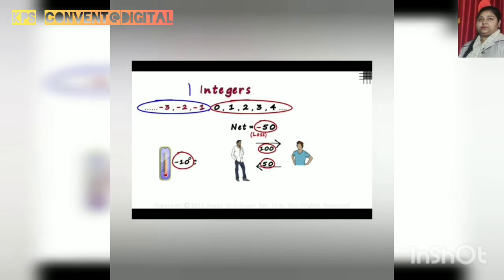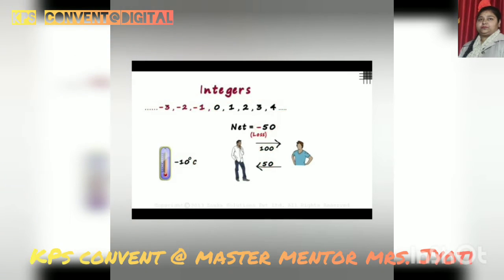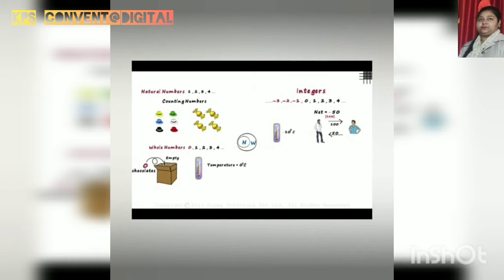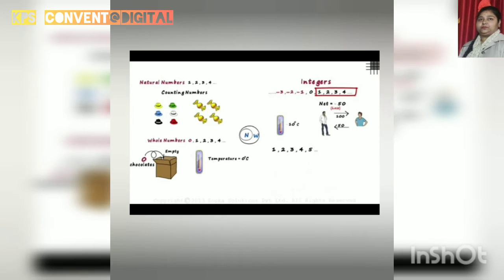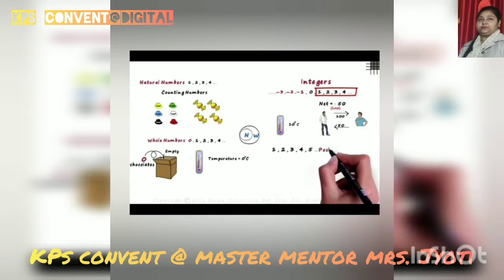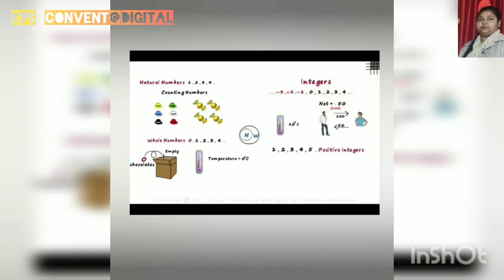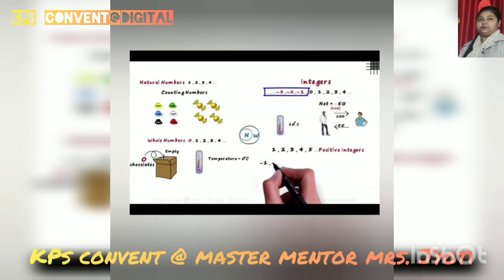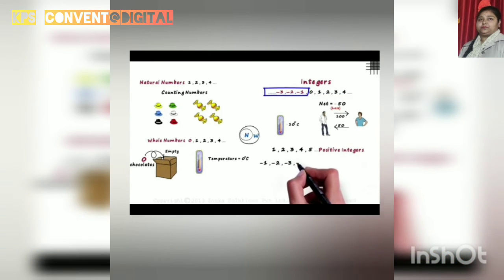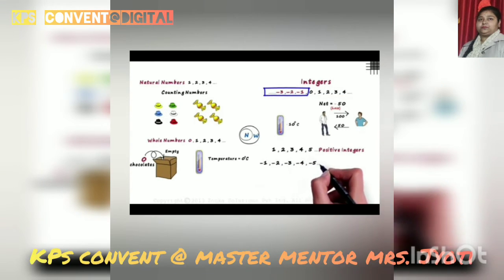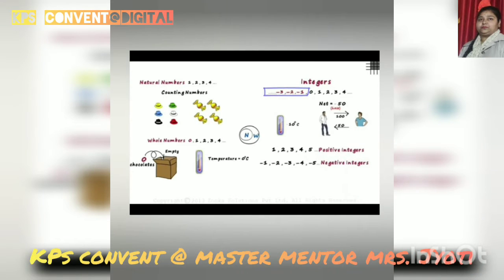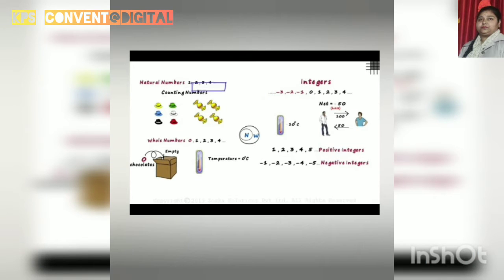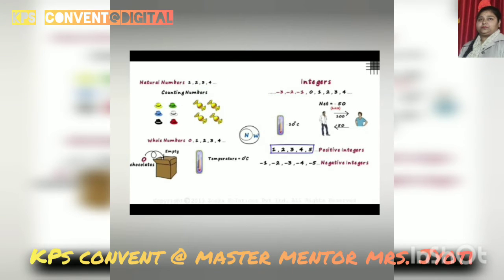Now these numbers are integers. The numbers 1, 2, 3, 4, 5 and so on are called positive integers. The numbers -1, -2, -3, -4 and so on are called negative integers. We can say that all natural numbers are positive integers.